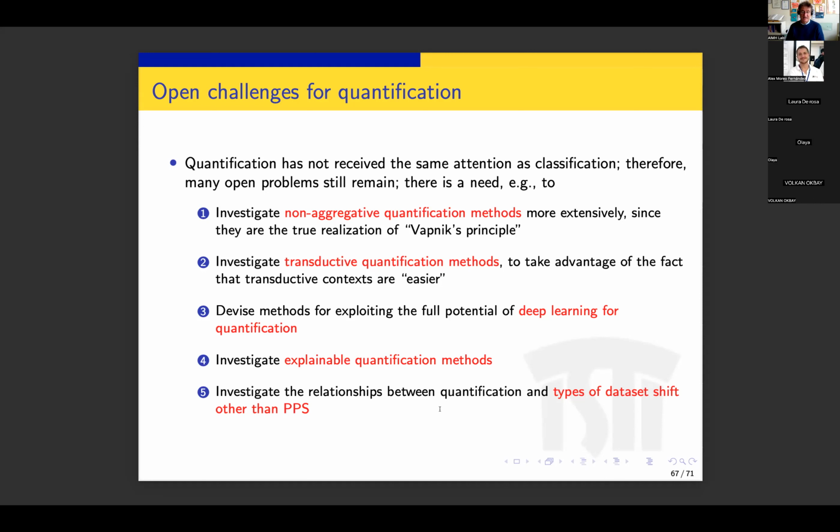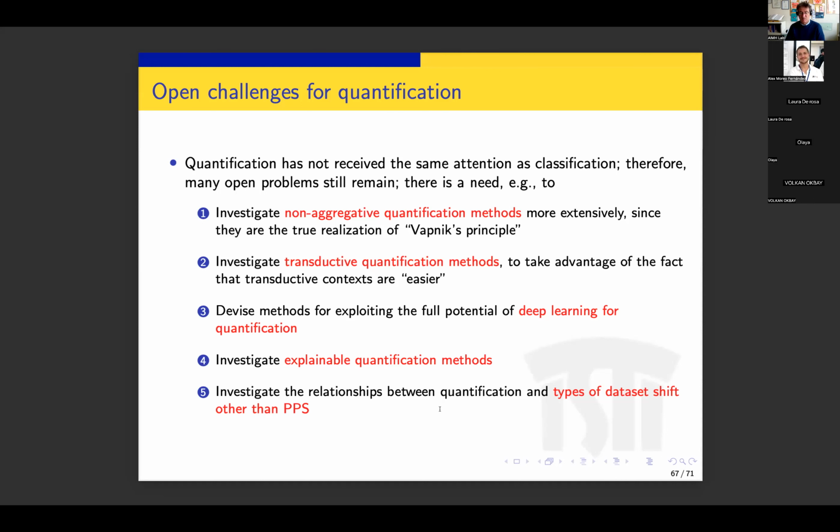It generates samples characterized by different class distributions, okay? But there are other types of data shift. In the real world, we might train a quantifier and we might need to apply it on data which are very different from the ones that we have used for training it, and how different they are defines the type of shift.